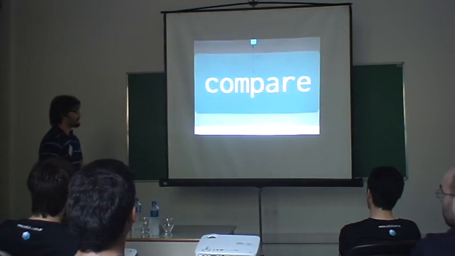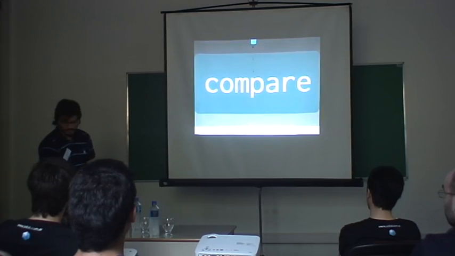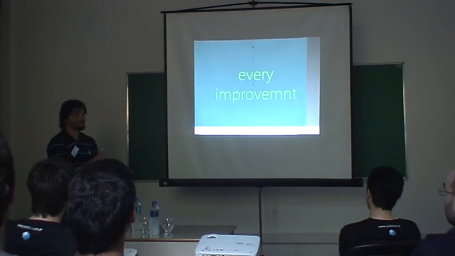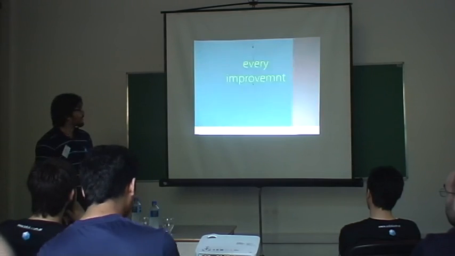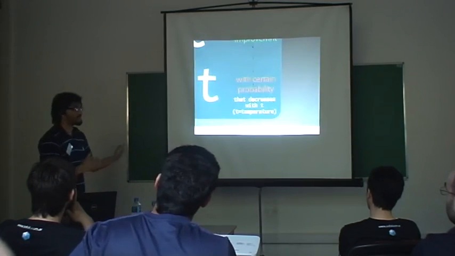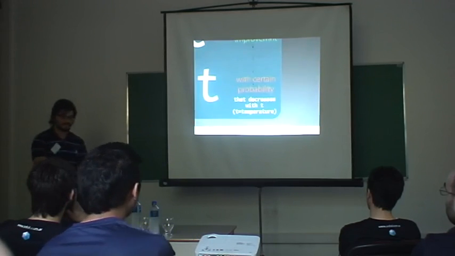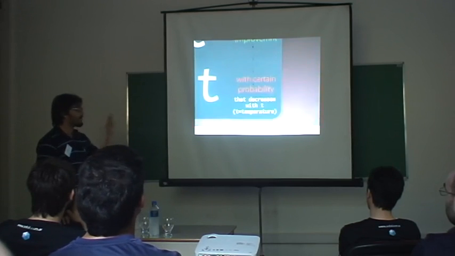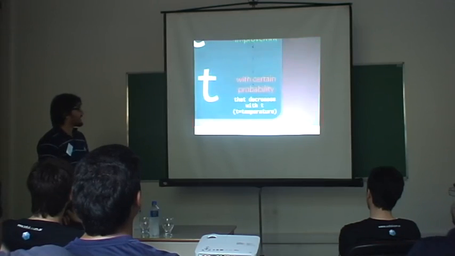Of course, we compare our 2 solutions, and then we accept, of course, every improvement, but the news is that we can accept or reject with some probability, depending on a parameter, that is the temperature. I will say in a few moments what temperature means, or where it comes from.